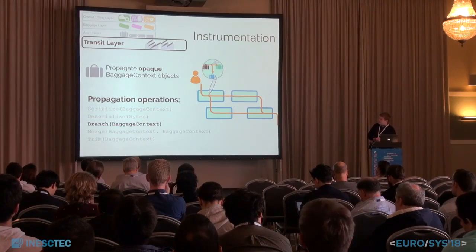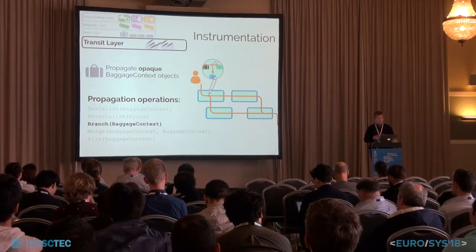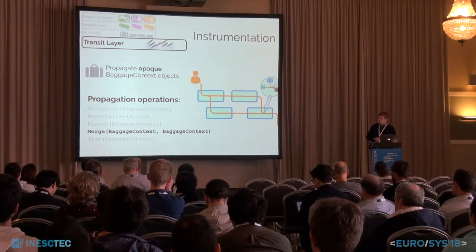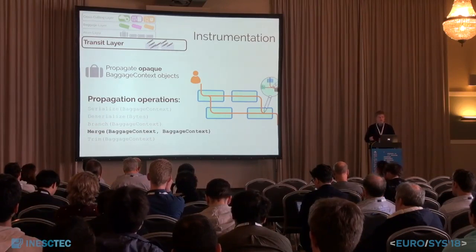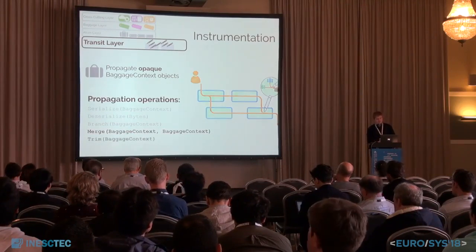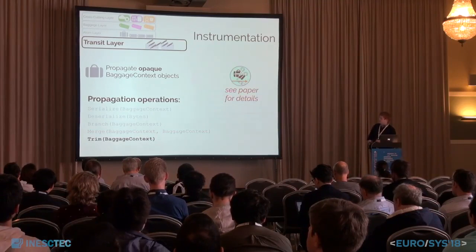Branch is used to derive new context instances when executions split into concurrent branches, since each execution branch requires its own context copy. Merge is used to combine two incoming baggage contexts into one whenever concurrent execution branches rejoin. And finally, trim is used to impose a size constraint, but I'm not going to get into this in the talk.